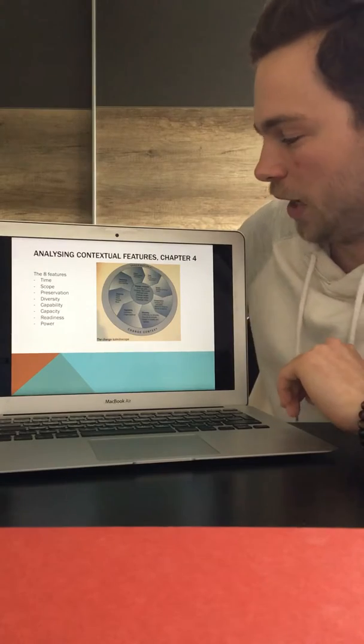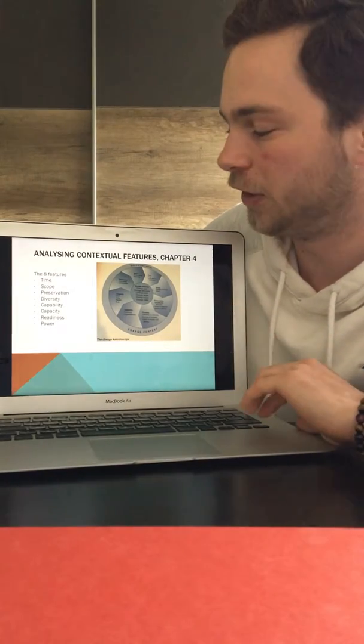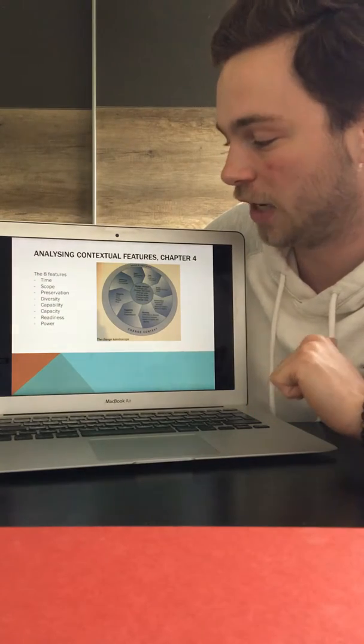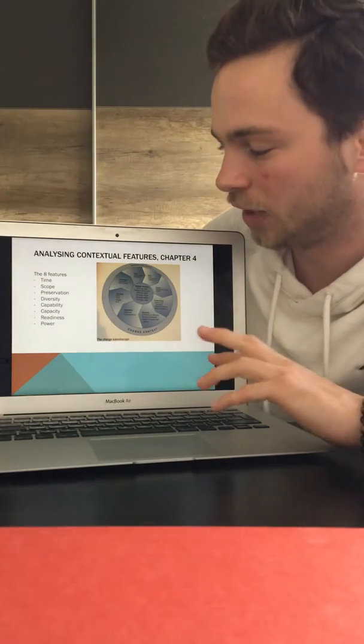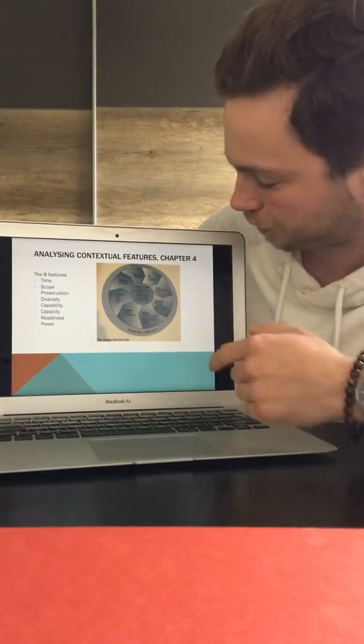Then we'll go to analyzing contextual features. There are 8 features, which are time, scope, preservation, diversity, capability, capacity, readiness, and power.